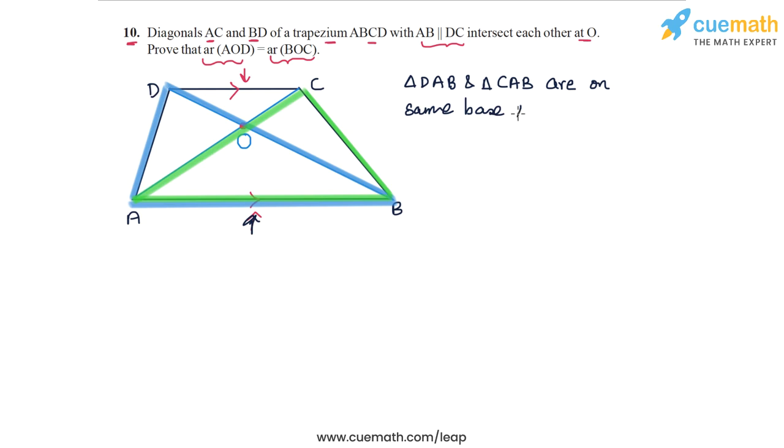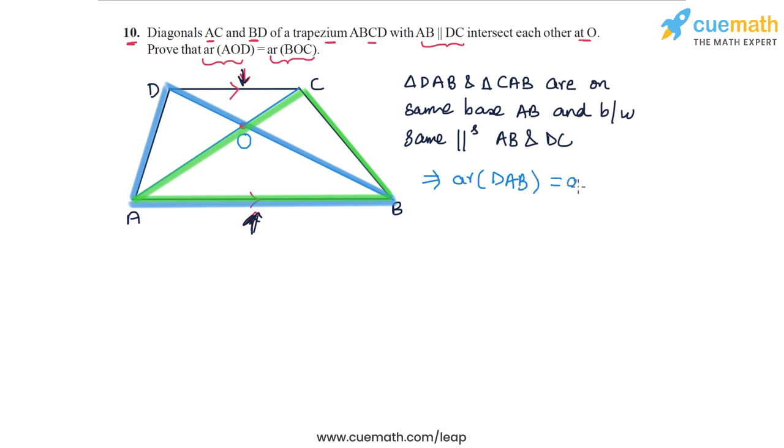Both of them are on AB, and they are between the same parallels. And what are those parallels? The parallels are AB and DC. So they are between the same parallels AB and DC, which means that their areas will be equal. So area of triangle DAB will be equal to the area of triangle CAB.